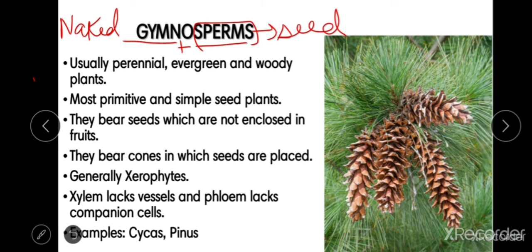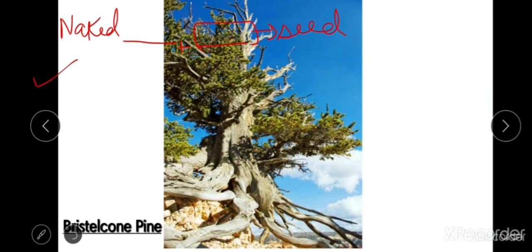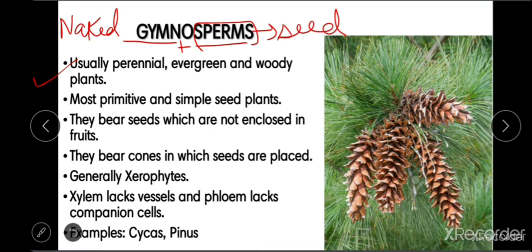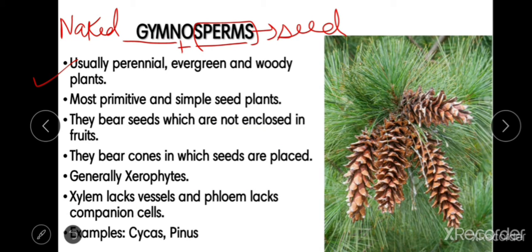What are these terms? Perennial means the tree lives for a long period of time. We have one such tree known. It is the oldest gymnosperm, Bristlecone pine. It is the oldest species of gymnosperm. And gymnosperms are evergreen. They remain green throughout their life and they are woody.